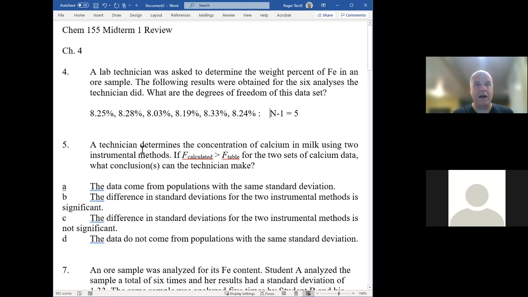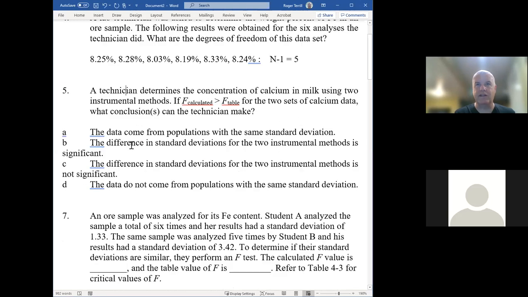All right. A lab technician determines the concentration of calcium in milk using 2 instrumental methods. If F calculated is greater than F table for the 2 sets of calcium data, what conclusions can the technician make? Well, you remember that F cal is equal to (S2 over S1) squared, right?